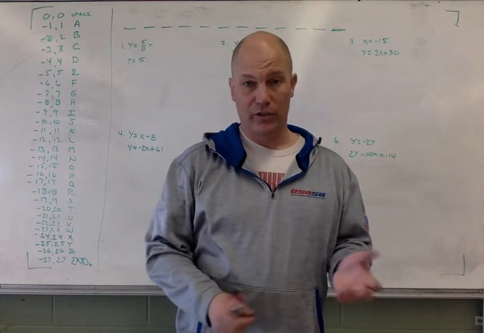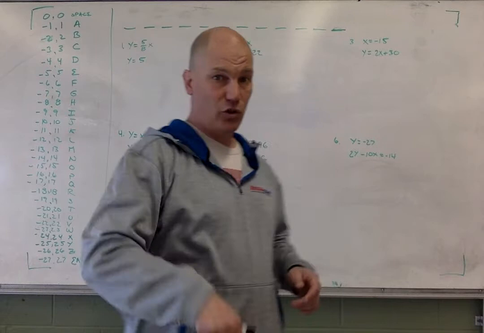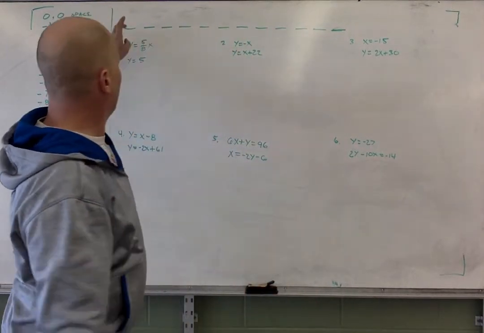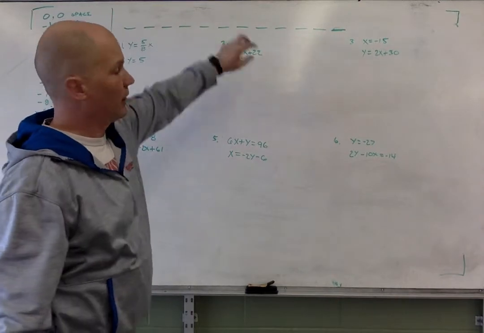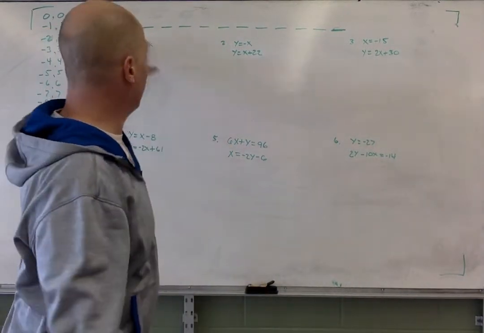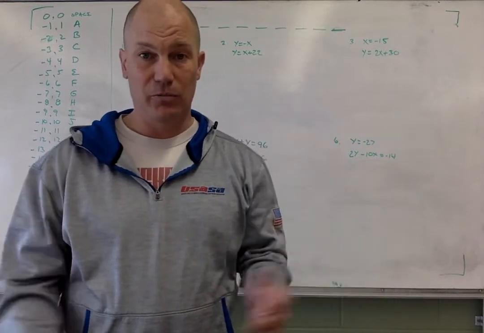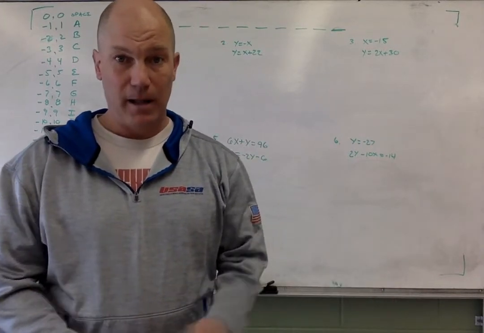What your job is to do is to solve these equations and put the x and y for each system of equations in here. And all these equations can be solved using substitution, which is what we've been practicing.